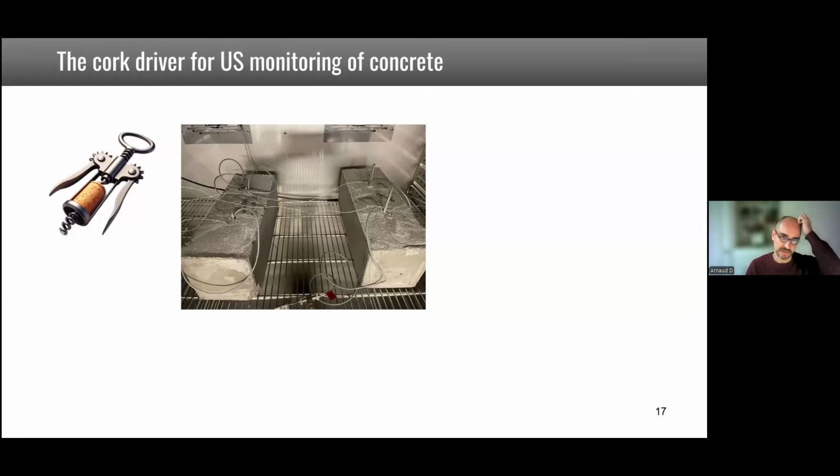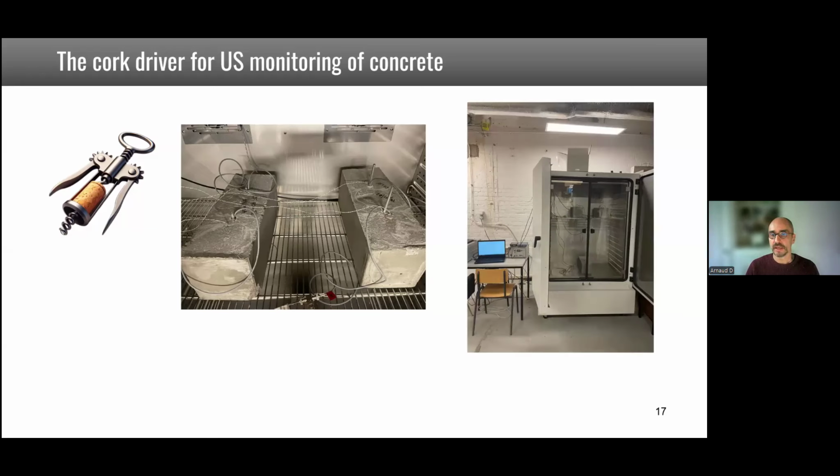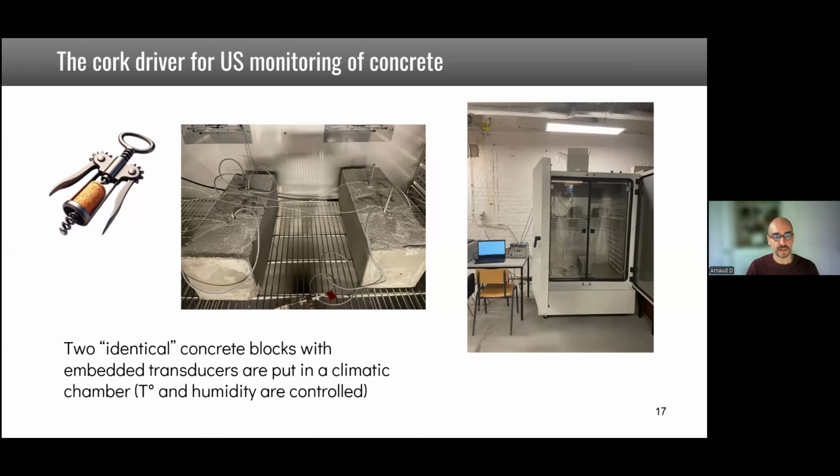So this is a test that Jitendra did of two concrete blocks that are put in a climatic chamber. And in this climatic chamber, we have two, I say between quotes, identical concrete blocks, because they are made from the same concrete, the same mix, the same procedure, but they were not made on the same day.